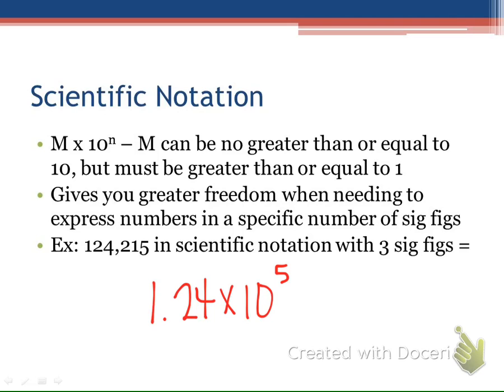Good. Because we want to express this number, 124,215, a pretty large number. This number is larger than 10, which means our exponent in scientific notation should be positive. We start at the decimal place here: 1, 2, 3, 4, 5. We wanted 3 sig figs, and we have 3 sig figs in scientific notation. All right, very good.